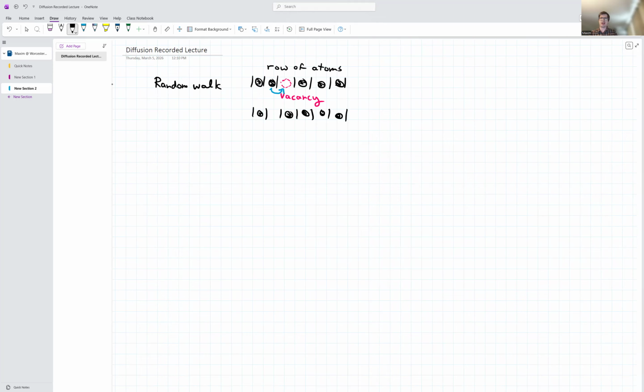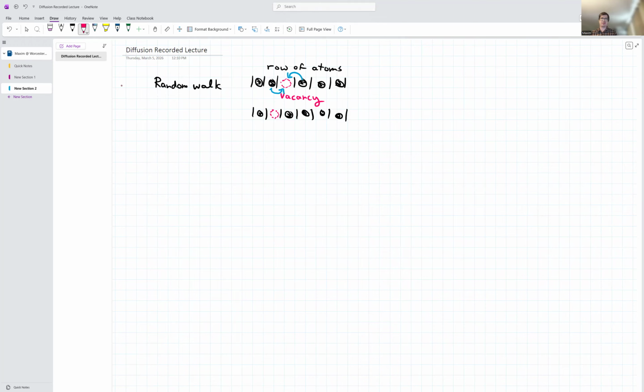And of course, you could have hopping of the other atom over here. It's sort of equally likely. So if there's no bias in the direction, if there's no applied field, and it's just thermally activated motion, then we can represent that motion as just hopping from one location to an adjacent one.